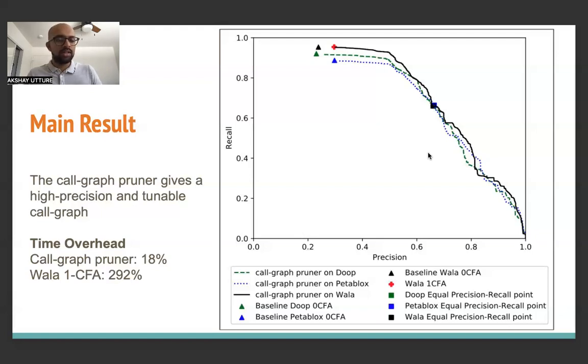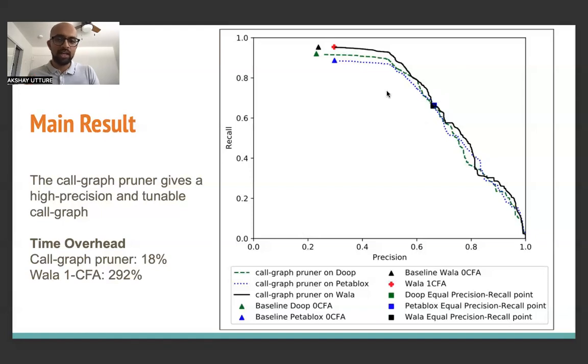A third interesting point is the red cross, which is the WALA 1 CFA point. And it has a small precision improvement over the 0 CFA, but it's not as high as that which we get at the balanced precision recall point for the call graph pruner.